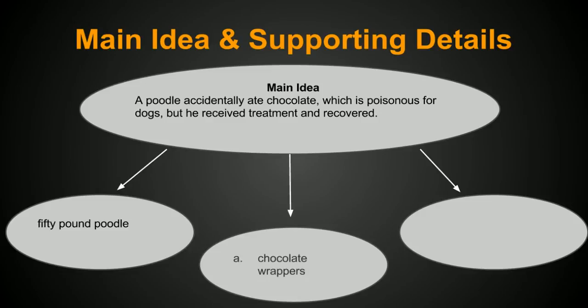Second one is there were chocolate wrappers that were found on the floor. And the third piece of supporting detail was that the dog was nervous and shaky. And this all kind of proves that, number one, the dog ate chocolates. Number two, the 50-pound poodle, the dog is involved. And the last one, that it's acting nervous and shaky, so it must be sick due to the chocolate.